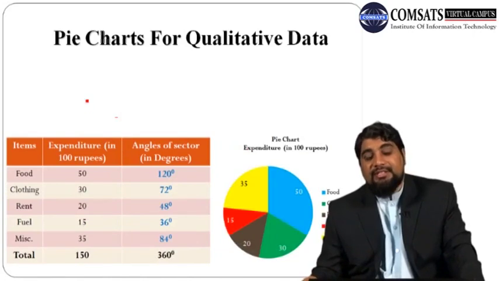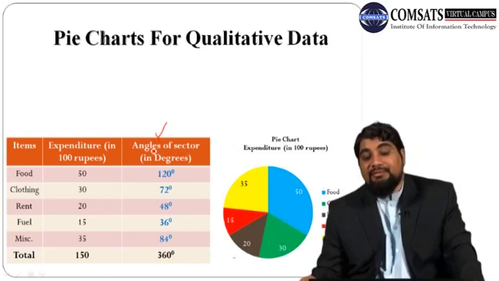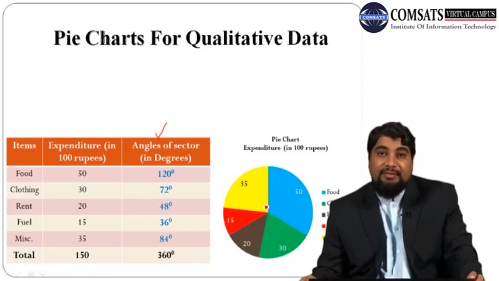Remember that we discussed in our previous lecture that we need to find the angle of each sector before constructing a pie chart. So first draw a circle and then subdivide the circle into different parts by measuring the corresponding angle of the sector.